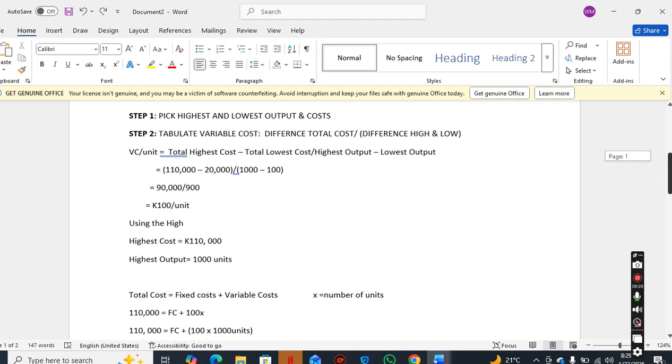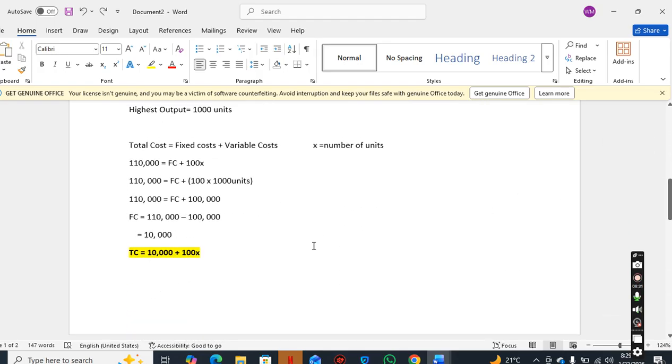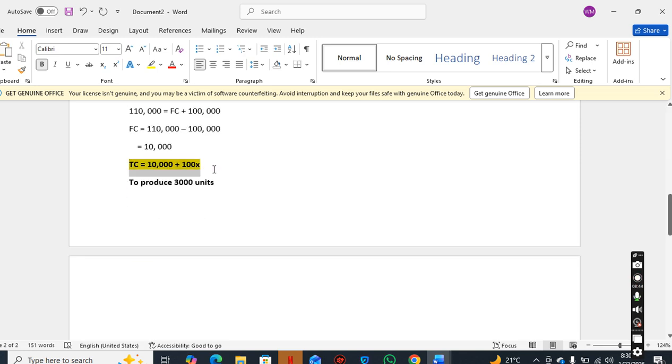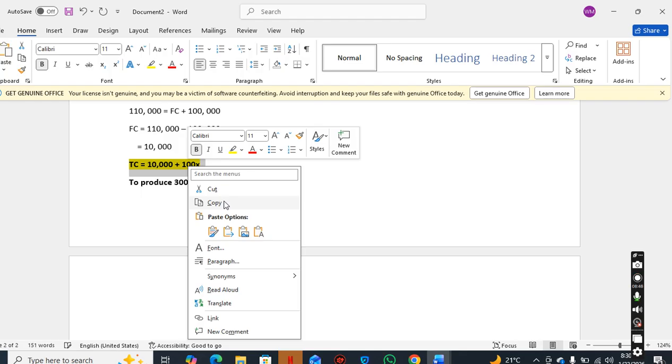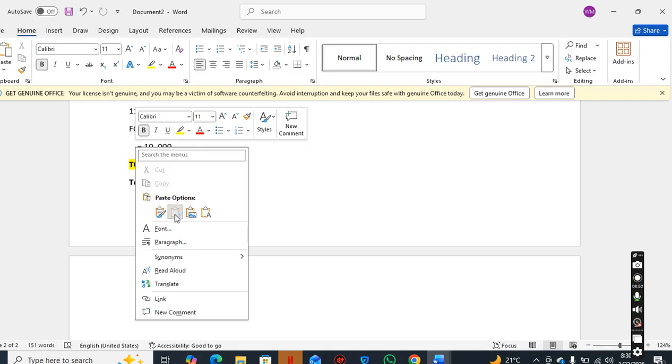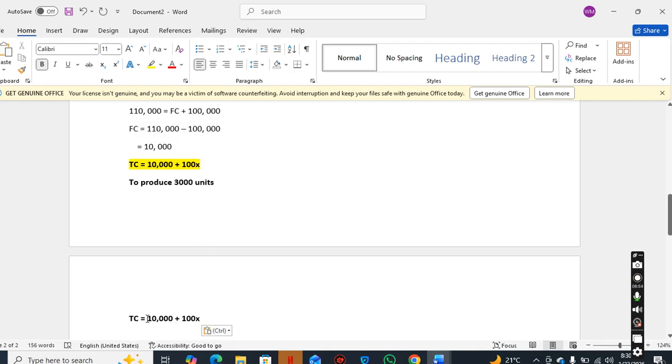So basically, to produce 3,000 units, go back to our cost equation, TC equals 10,000 plus 100x.